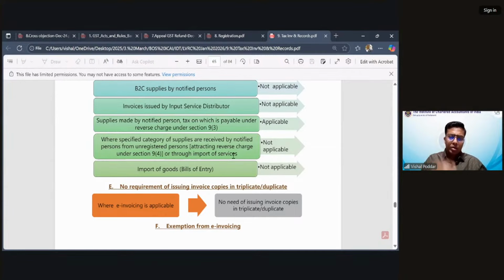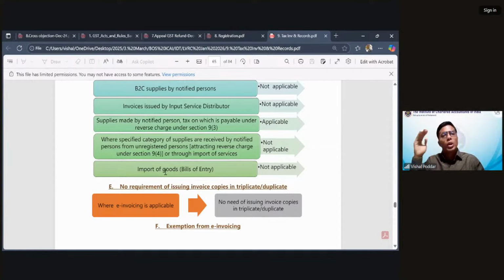Answer is no. And in case of import of goods where a bill of entry is prepared, whether e-invoicing is applicable. Answer is no. So you can see e-invoicing is applicable only on your outward side, for outward transactions, not for your inward transactions, even though you have to prepare the invoice on the inward transaction or pay tax under RCM. But e-invoicing is not applicable on the inward side transaction. It is only on the outward side transaction.